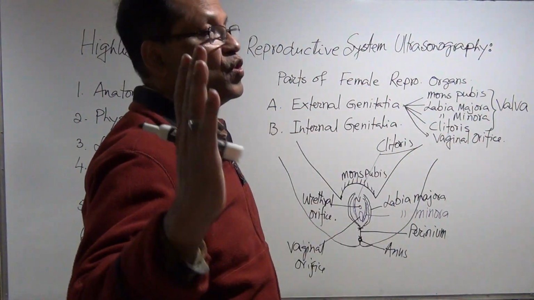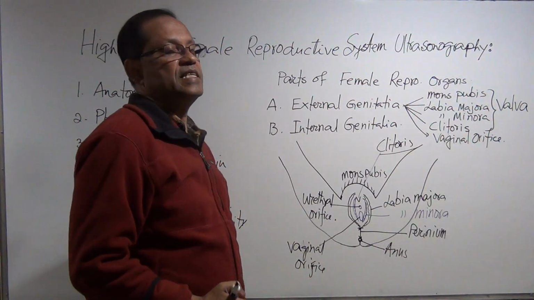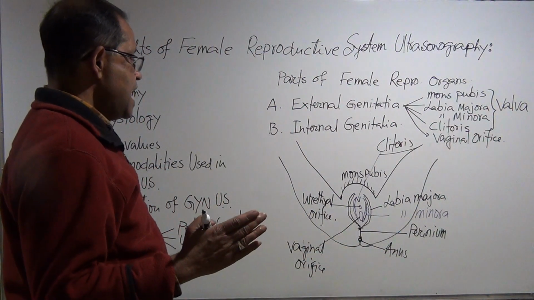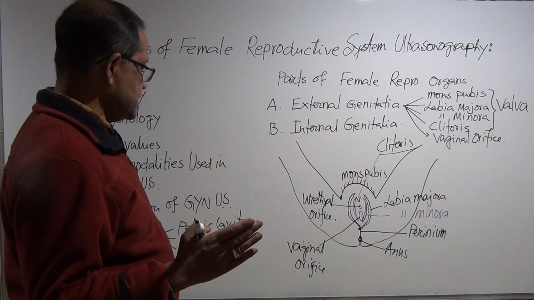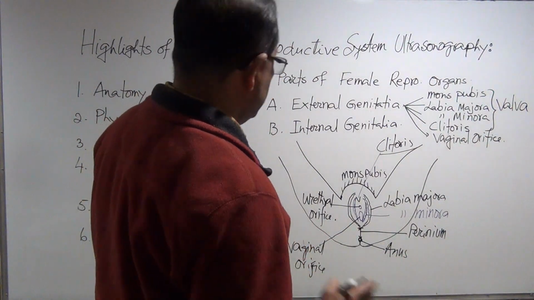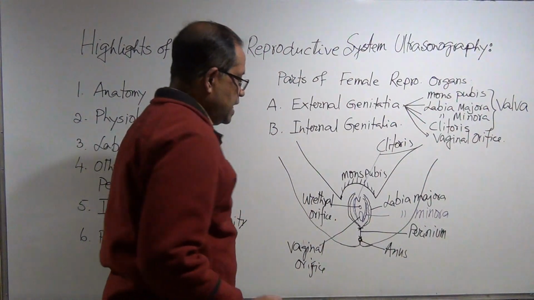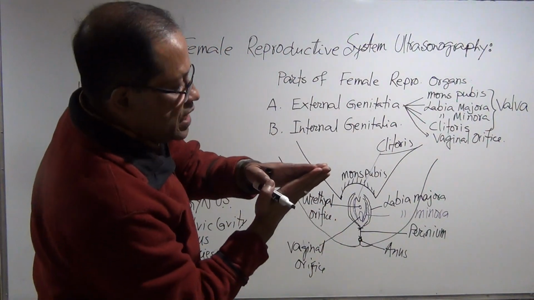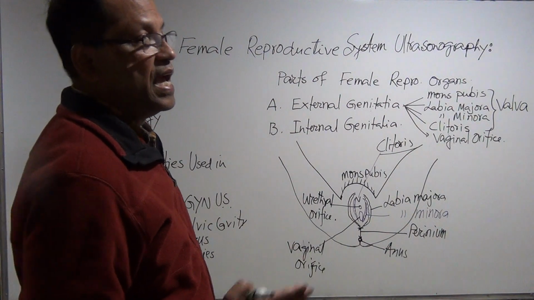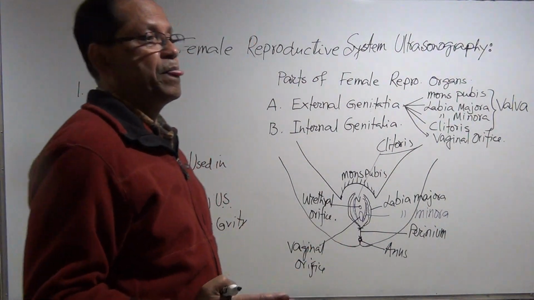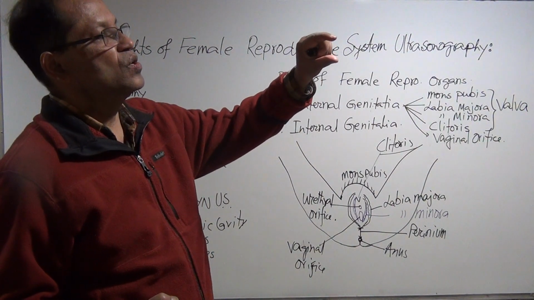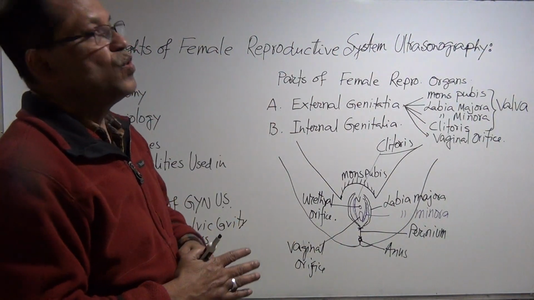Sonographically we can see that, and we can also see that the urethra is embedded in the anterior wall of the vagina. The urethra is only 4 centimeters long, and it is on the anterior wall of the vagina.